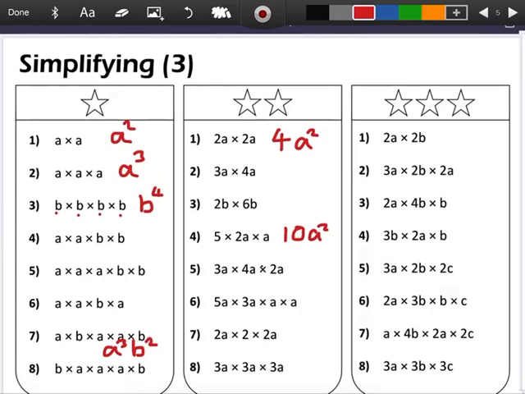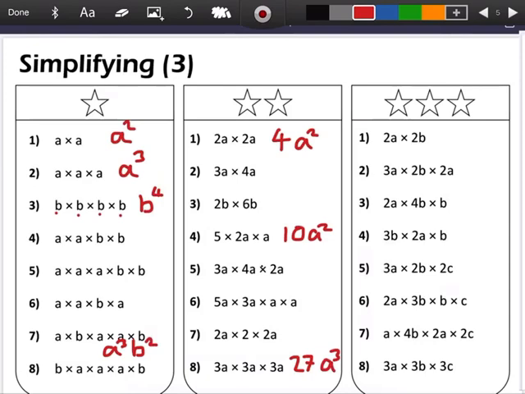And let's jump now to the hardest one on the 2-star, number 8. 3a times 3a times 3a. 3 times 3 times 3 is 27. A times a times a is a cubed.